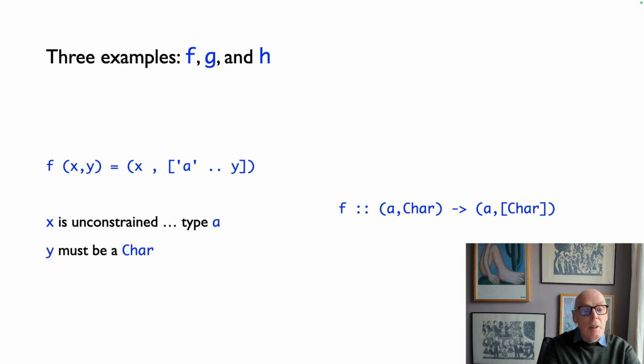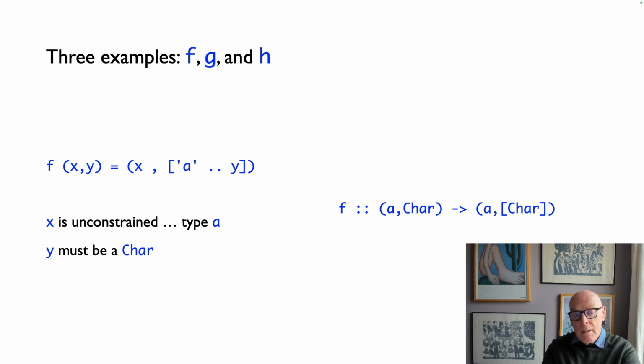Now here's an example of a function definition. F takes a pair of things x and y and returns a pair with x at the front and a list which is from the character A up to y. What that tells us is nothing about the type of x. So x will have type A, where A is a type variable, but it tells us that y must be a character.